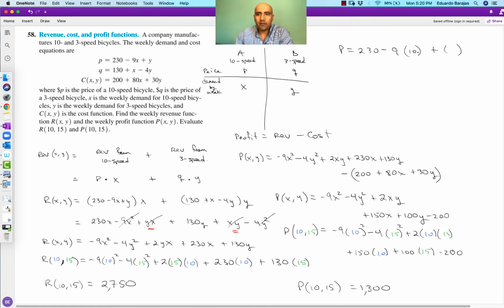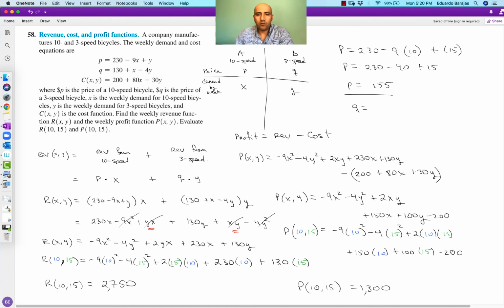So it's going to be 10 for X and 15 for Y. Means that P equals 230 minus 90 plus 15. 230 minus 90 is equal to 140. So we have a price of 155.